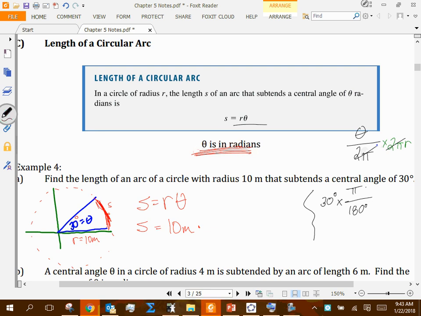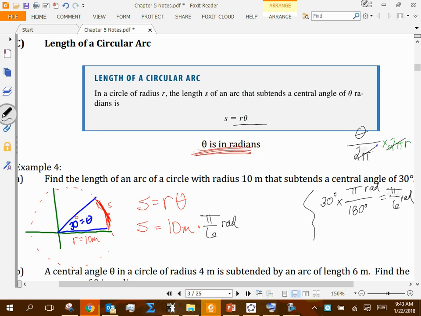If you remember, that's how we did that, right? So now what's 30 divided by 180? 1/6. So I get pi over 6 radians. So here, my theta is pi over 6 radians. My hope for you is that eventually we just memorize 30 degrees. Once I see 30 degrees, you always associate it with pi over 6. Okay? So I get that.